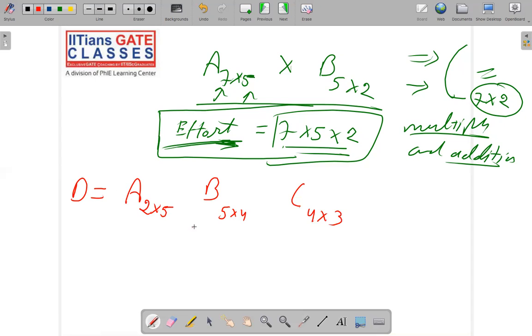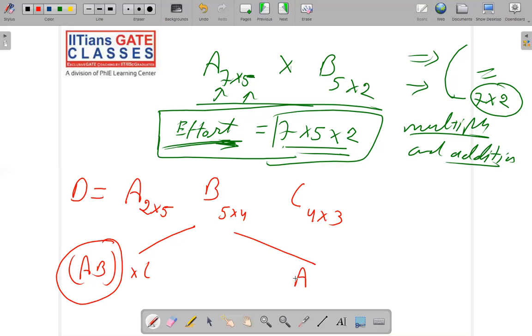There are two orders possible. First you multiply AB, and the end result of this will be multiplied with C. Another is you multiply BC first, and the end result will be multiplied with A. So these are the two ways to multiply these three matrices, right? There are two ways possible.